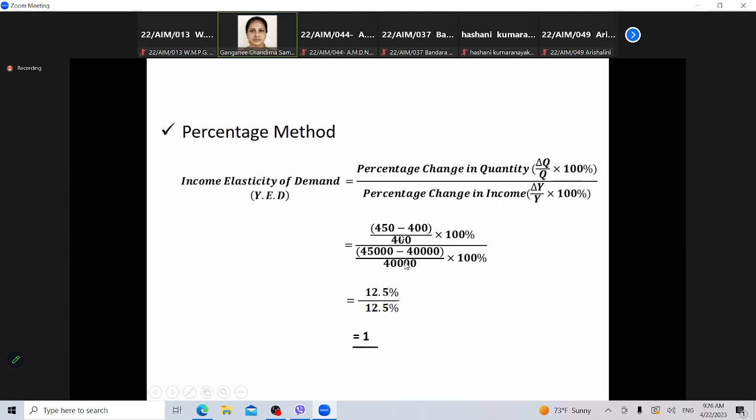Here, the same answers. See here also it's very clear. 50 divided by 400. Here 5,000 divided by 40,000. Same answer.